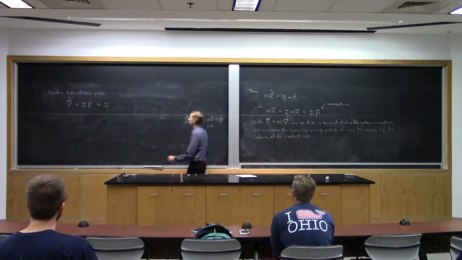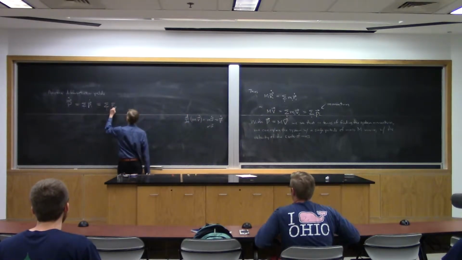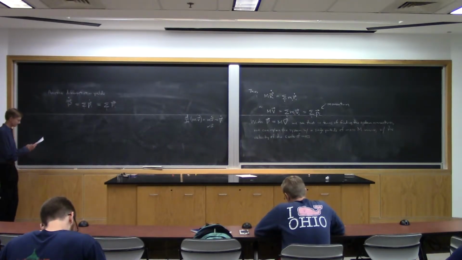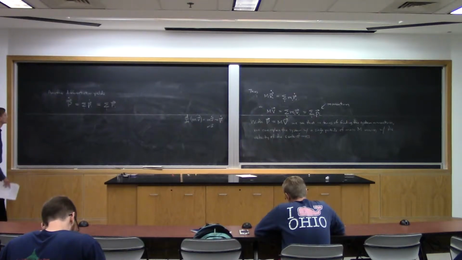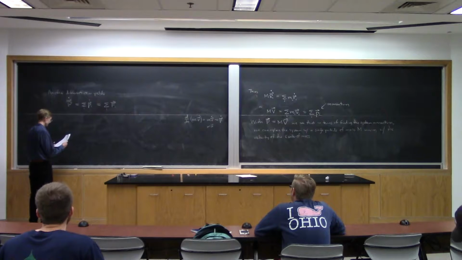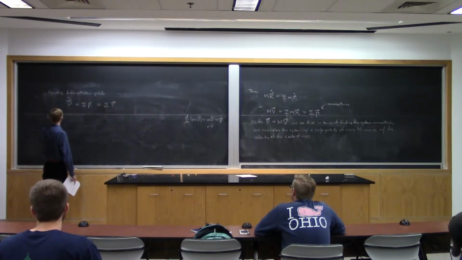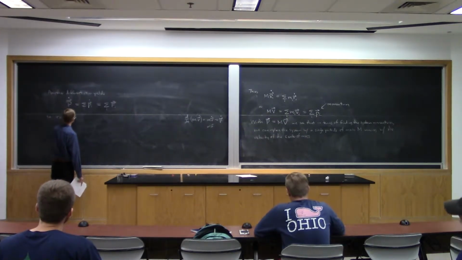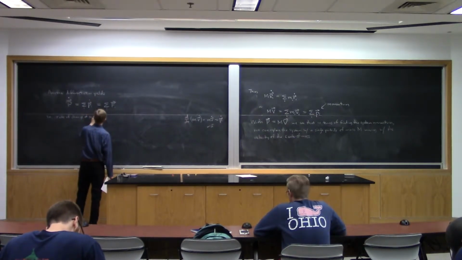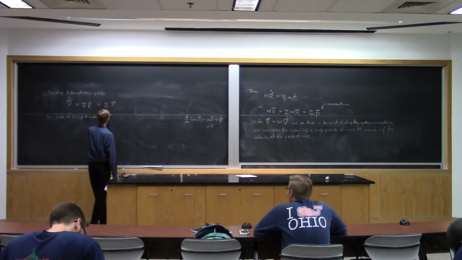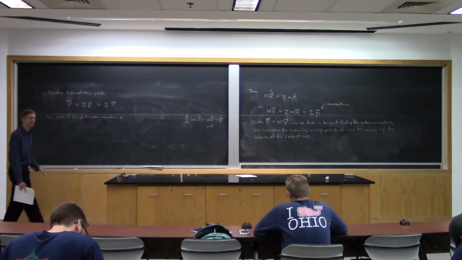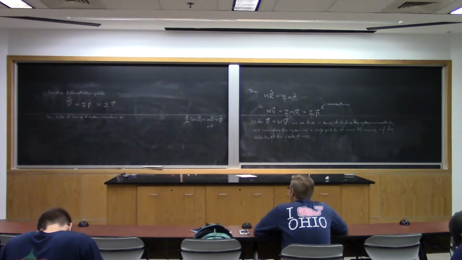So this is the sum of the forces on all the particles. So this says the rate of change of system momentum equals the total force on the system. If I add up the forces on all the particles, that's the total force on the system.